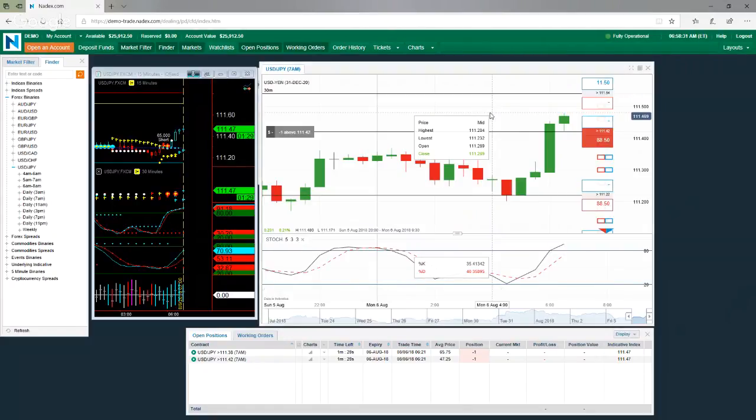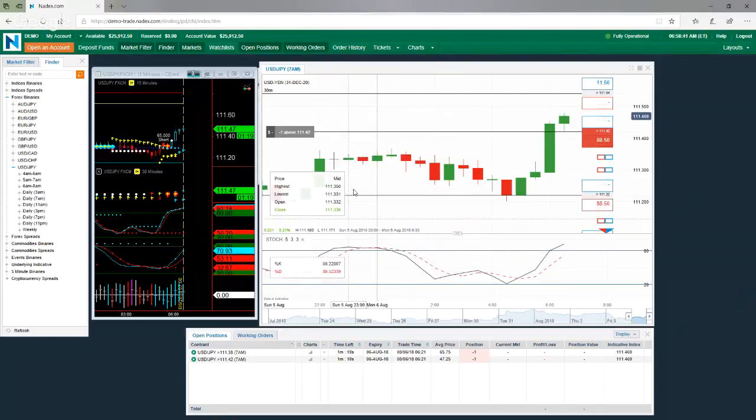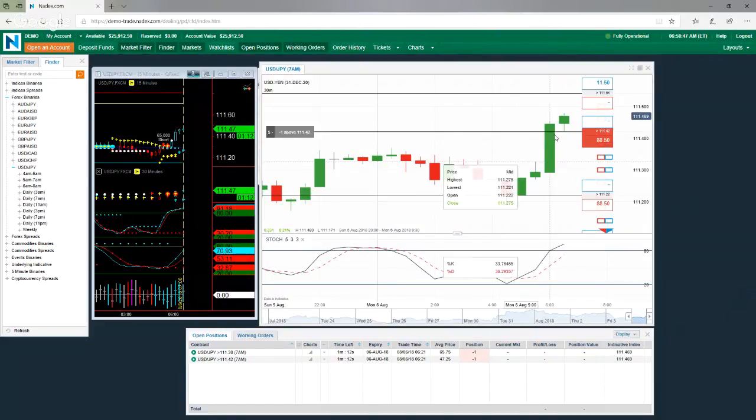You did have two stochastics in your favor, which was the 5 and the 15, but you're fighting your higher time frame. And when you're counter trend trading, fighting the higher time frame is not a good idea unless it's indicating an overbought or oversold status.